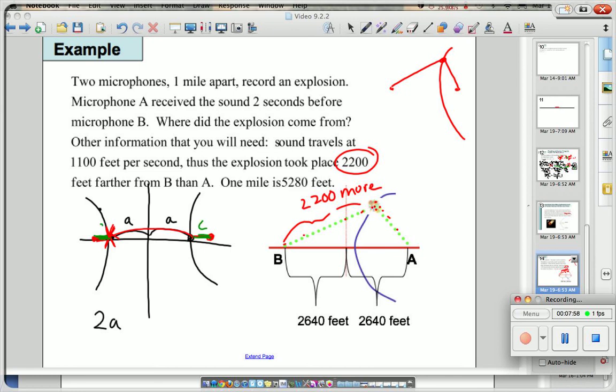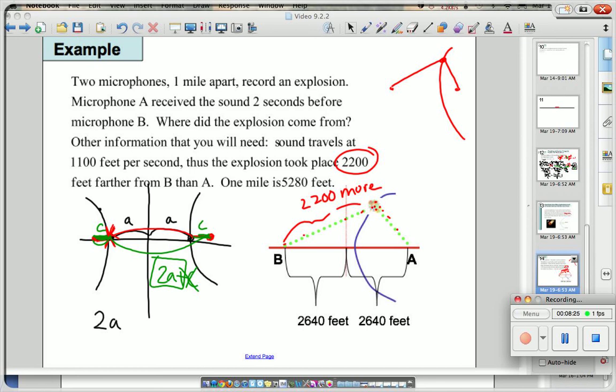We could call that c, of course, because that's kind of what it is. And we can see the difference would be 2a between the distance from here, which is 2a plus c, and the distance here, which is only c. So the difference between them is 2a. Going back, the a value is very much related to the difference between the two distances.